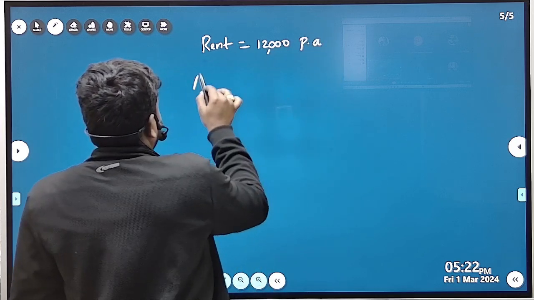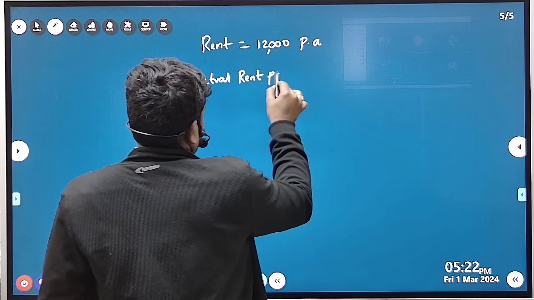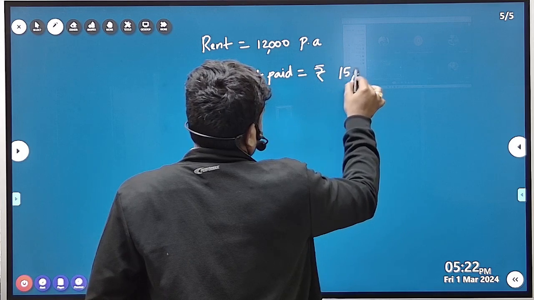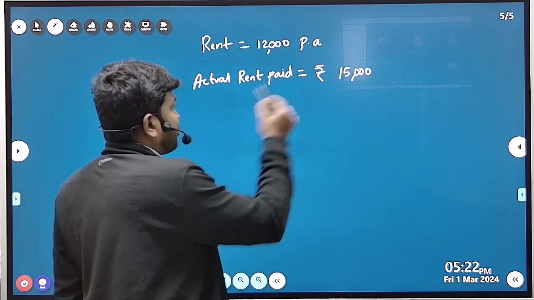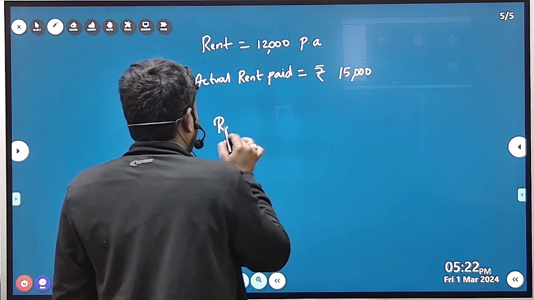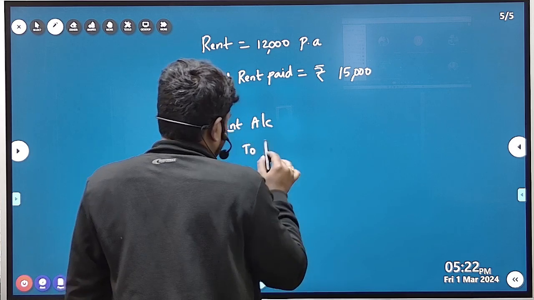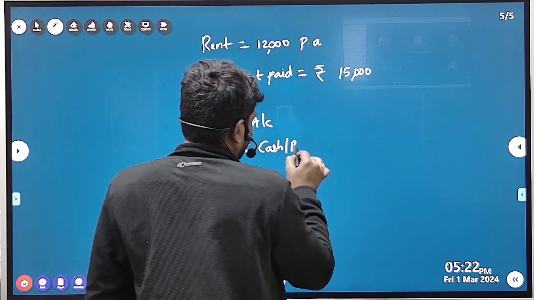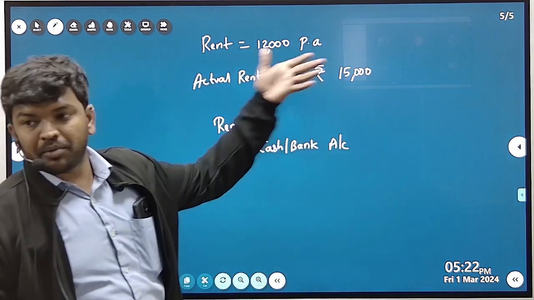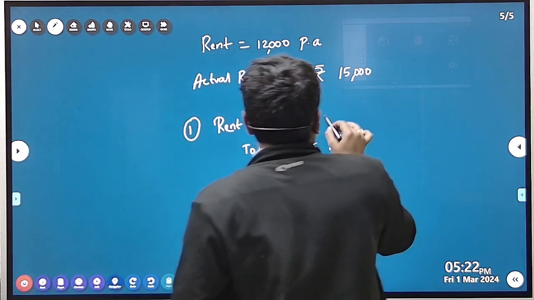Actual rent paid: 15,000. So while rent payment, what is the entry? Rent account debit to cash or bank. This is the entry, yes or no? I'm explaining the logic why prepaid expense has to be debited. This is the first entry for 15,000.